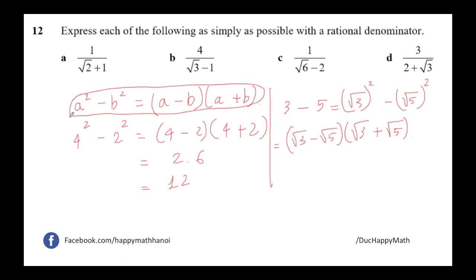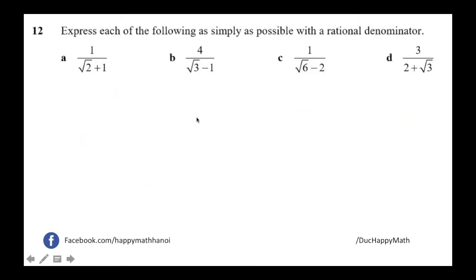And from now I call the expression a minus b the conjunction of a plus b, and I call a plus b the conjunction of a minus b. So I will apply this to change the form of the questions A, B, C, D in this case.